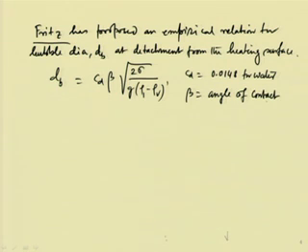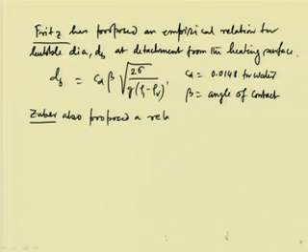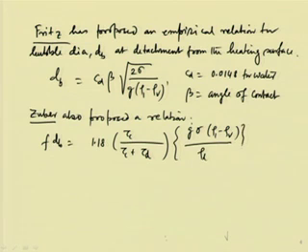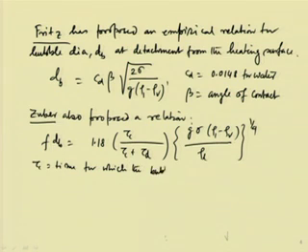Okay. Now, Zuber also proposed a relationship for bubble diameter, and that is F into dB equals 1.18 tau c by tau c plus tau d into g sigma rho L minus rho V by rho L whole to the power 1 by 4, and in this case tau c is the time for which the bubble is attached to the surface.